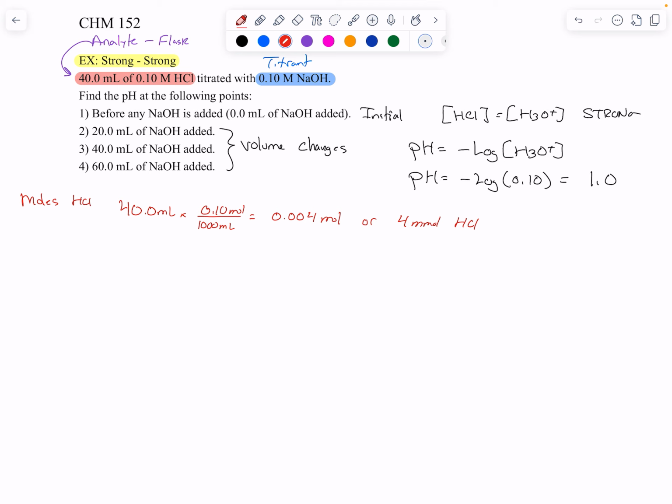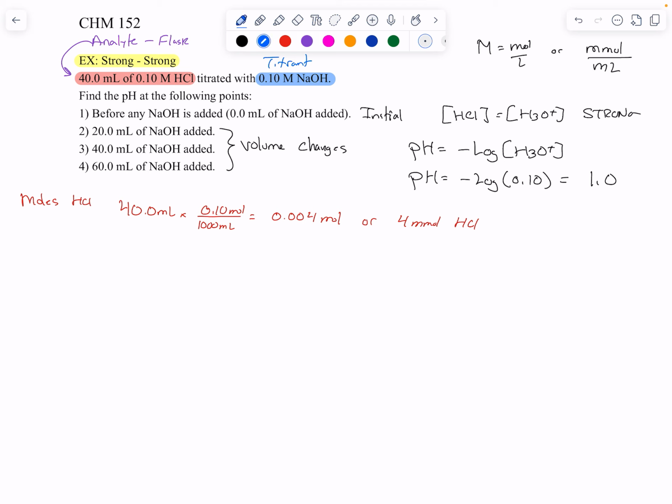Millimoles, if you guys remember, molarity is moles per liter. It's also millimoles per milliliter, right? So sometimes it's easier to work in millimoles because we don't have all those zeros. But you can do it either way. So we're going to always start with 4 millimoles of HCl.